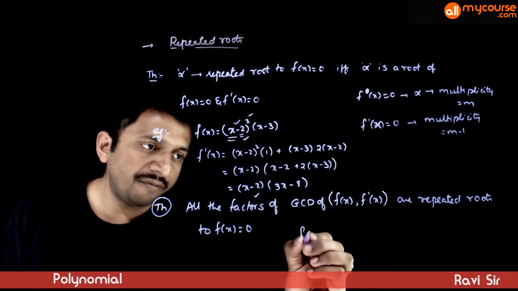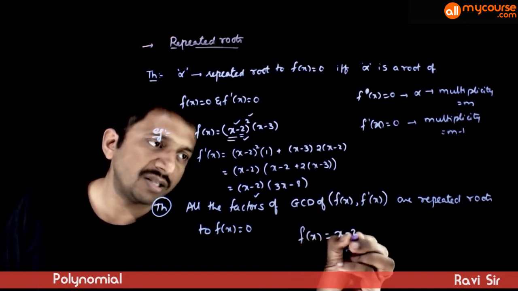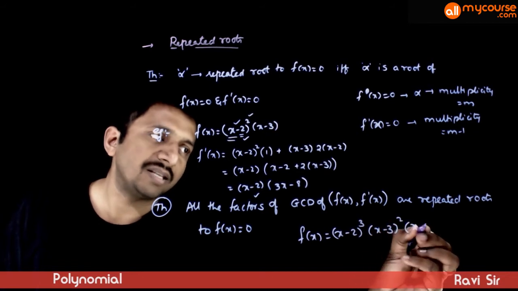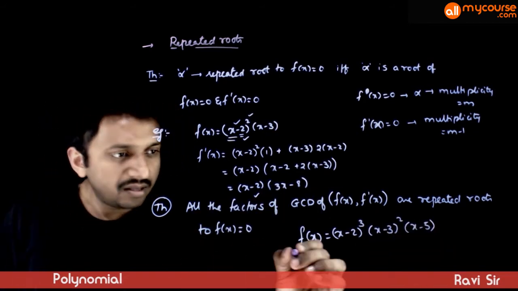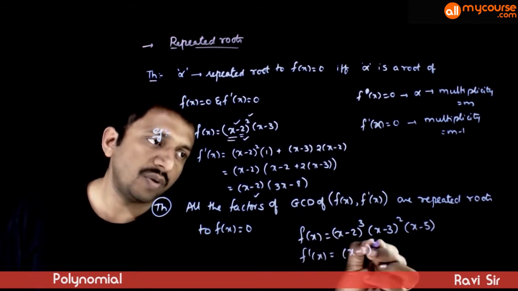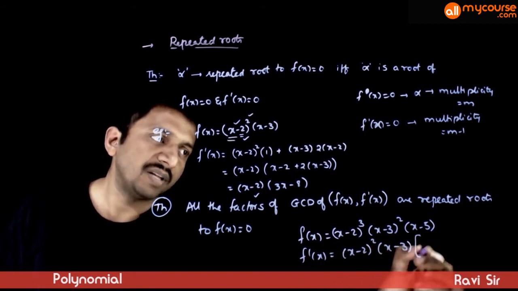That means if f of x has x minus 2 whole cube into x minus 3 whole square into x minus 5, f dash of x will at least have an x minus 2 whole square and an x minus 3 times something.